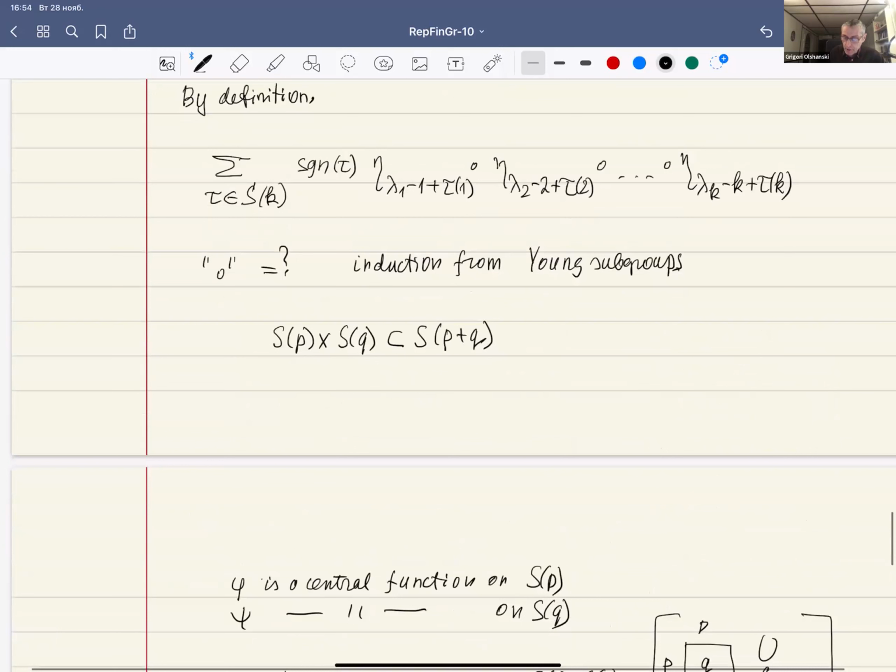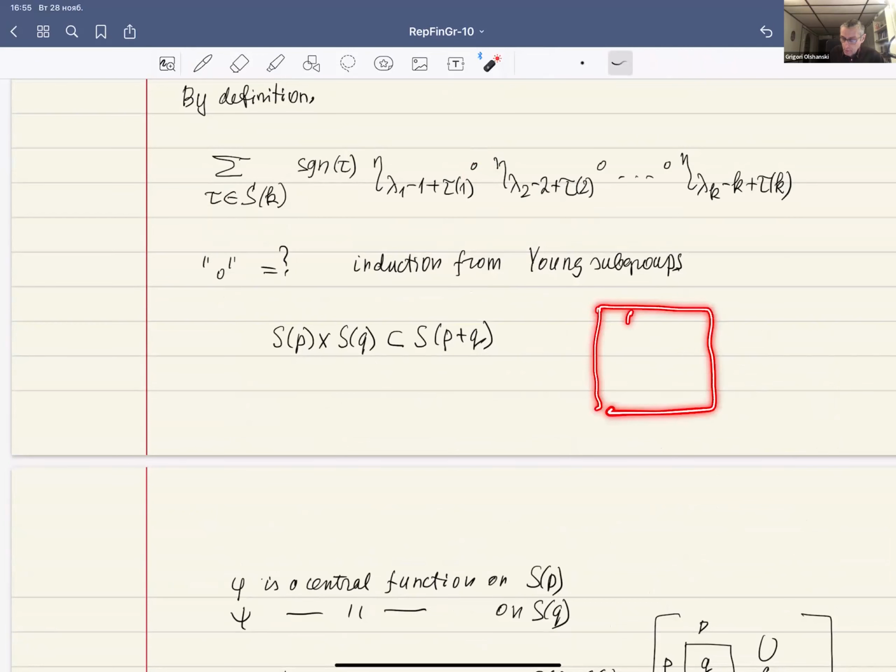So I recall this. This operation means just induction. And in the same way, we can take some more complicated Young subgroups and take central functions and induce them according to the same formulas. And here again, these are the trivial characters.